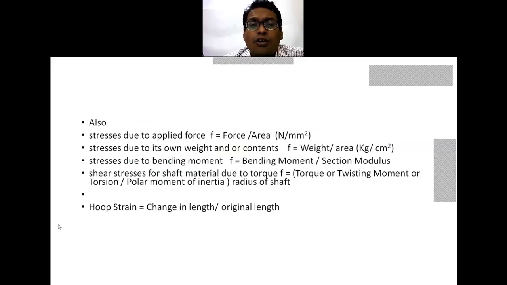We already know the different stresses due to the applied force, that is force per unit area. The stress due to its own weight, that is weight upon area. Then the stress due to the bending moment, M upon Z, the bending moment upon the sectional modulus, and the stress due to the torque, which is torque upon the polar moment of inertia.